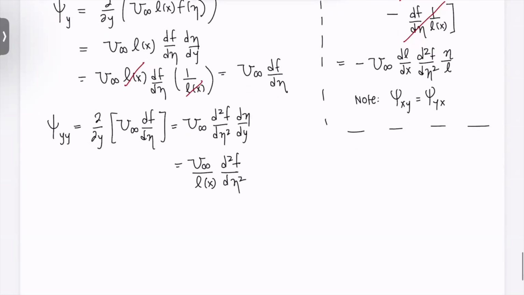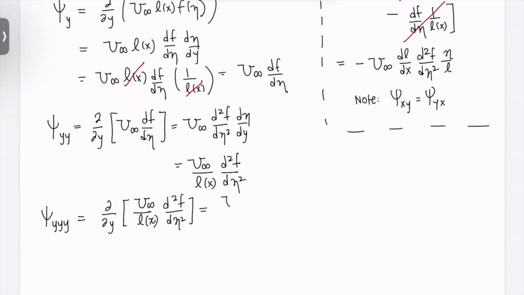Okay, and then when I do another derivative with respect to y, I am going to get a similar thing. So I'm going to increment up the derivative of f with respect to eta, and then I pick up another factor of 1 over L. But I will write it out for posterity. Okay, so we have u infinity over L of x, second derivative of f with respect to eta.